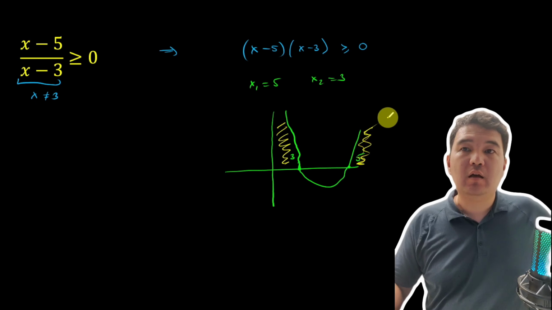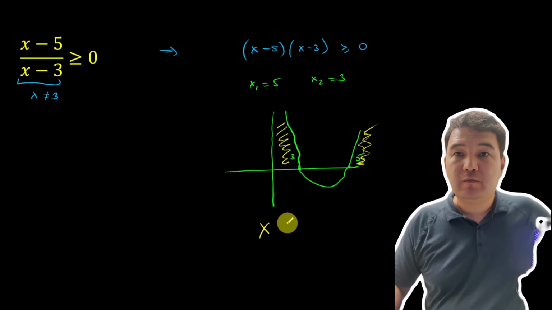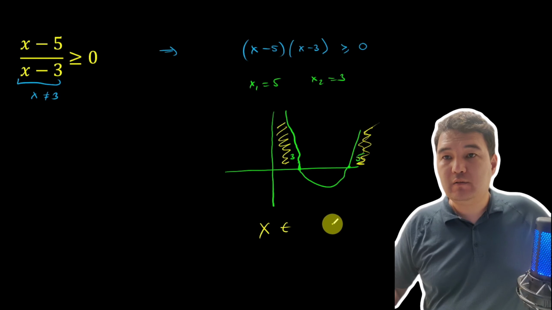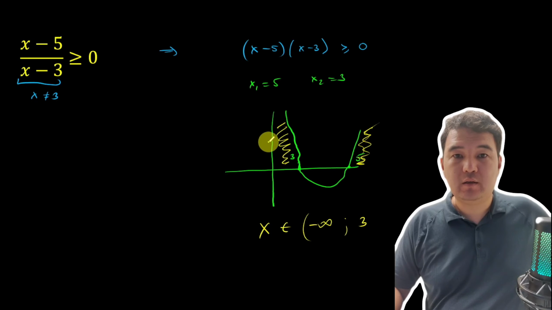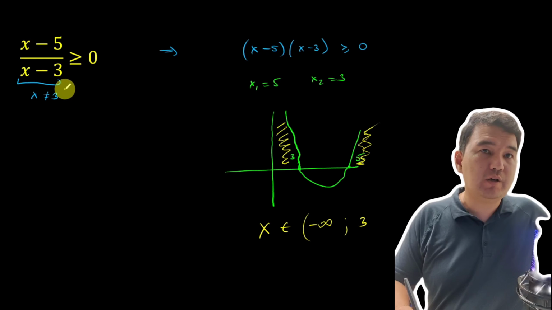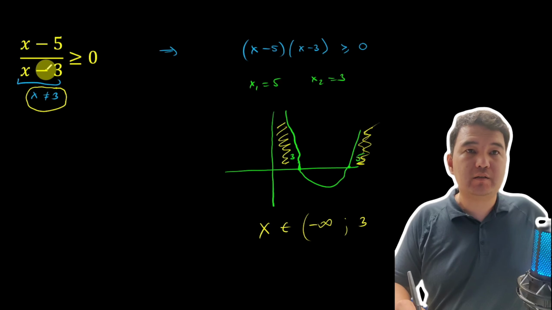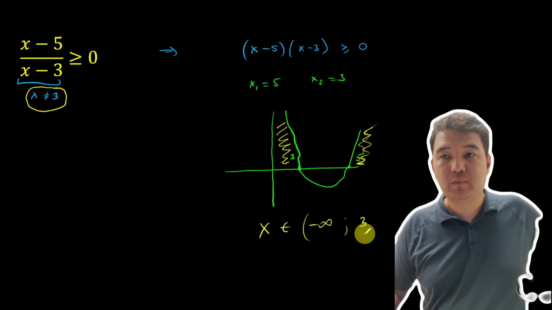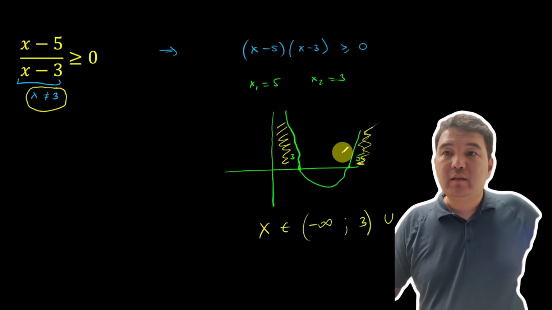The first part is x from negative infinity up to 3. But we are not including 3 because our original inequality says we are dividing by x minus 3, so x cannot be equal to 3. We exclude 3, but we can include 5.